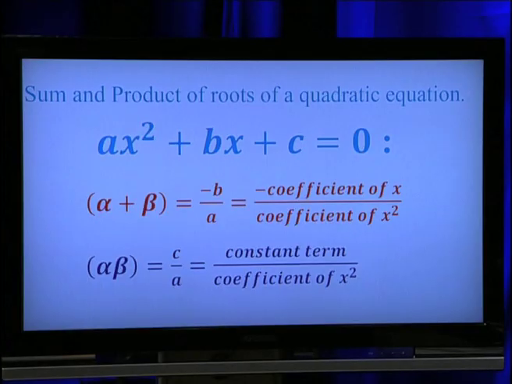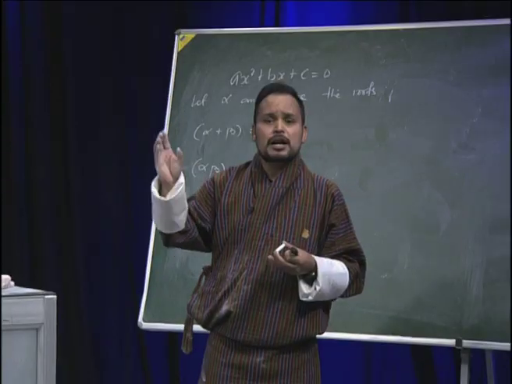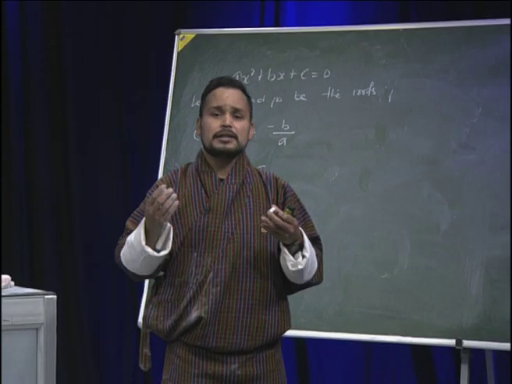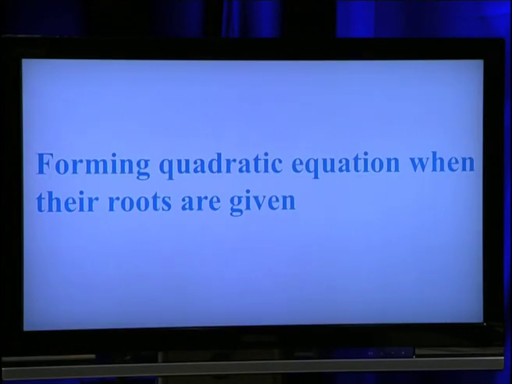Therefore, the sum is obtained by negative of the coefficient of x over the coefficient of x square, and the product of the roots is obtained by the constant term over the coefficient of x square. This is the way to obtain the sum and product of roots of a quadratic equation. Now this sum and product are used to obtain the quadratic equation whose roots are given. Now let me teach you forming a quadratic equation when the roots are given.